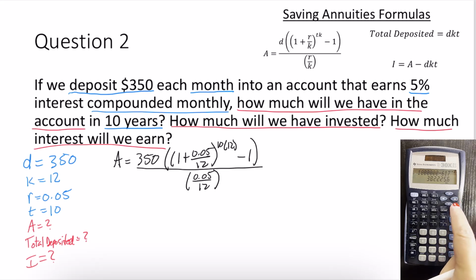So just like all of the other problems we've done in this video, I'm going to start off by simplifying my exponent. So 10 times 12 equals 120. So that part simplifies to 120.